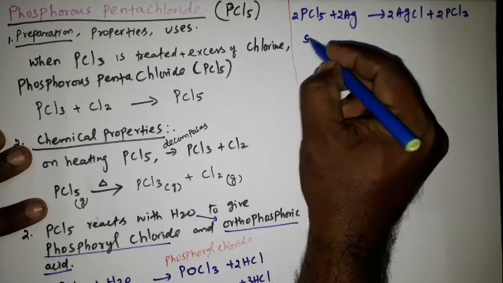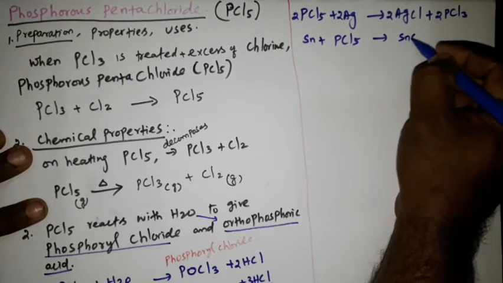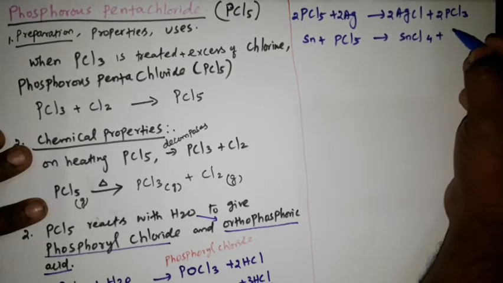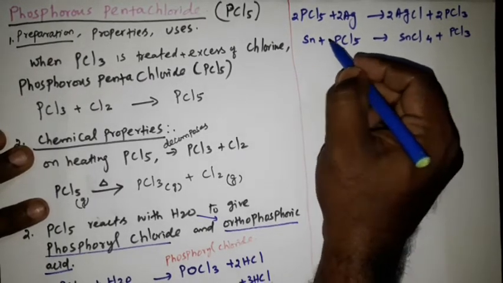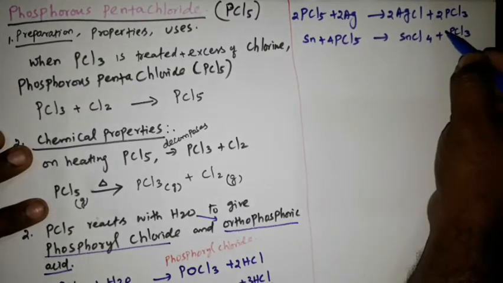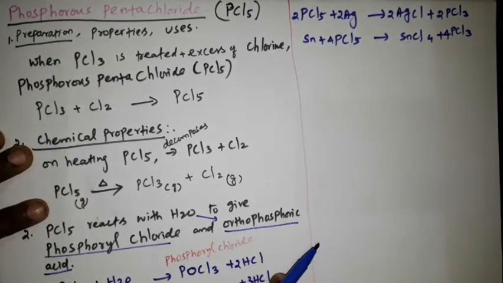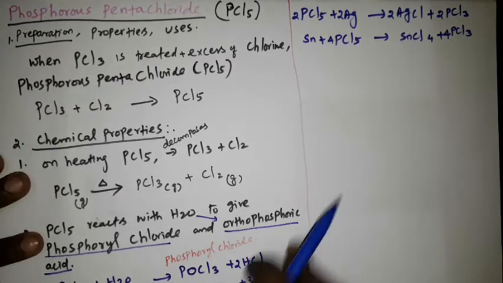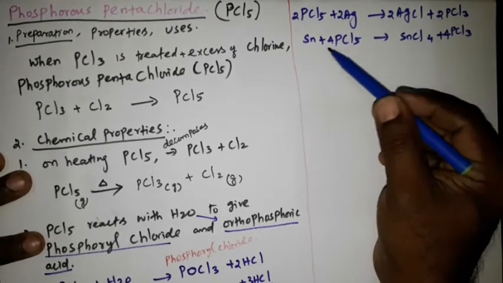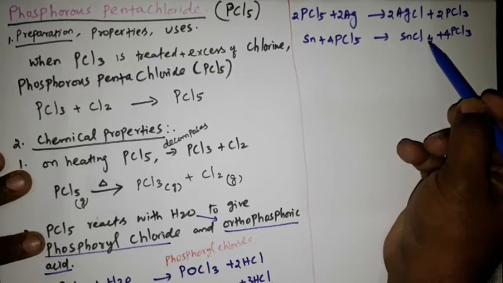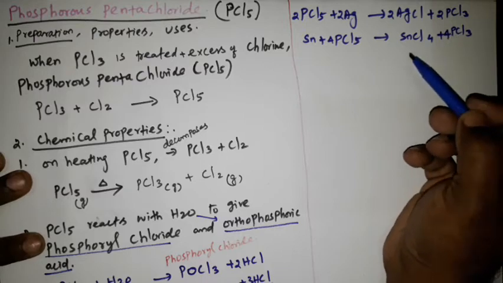Then second, Sn plus PCl5, we will get SnCl4 plus PCl3. Balance the equation, put 4 here, then here also put 4. Now the equation is balanced. You can check whether it is balanced or not. So we are getting the corresponding metal chlorides. PCl5 plus Ag, we will get AgCl. Sn plus PCl5, we will get SnCl4. Then the remaining compound is PCl3, that is phosphorus trichloride.